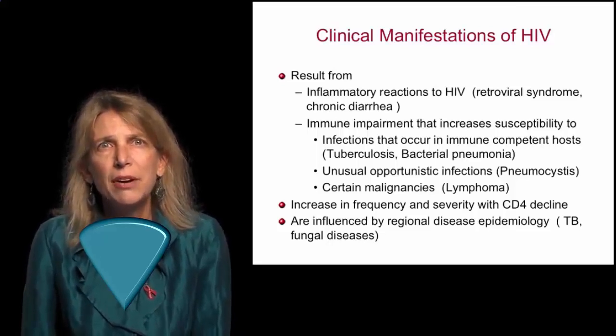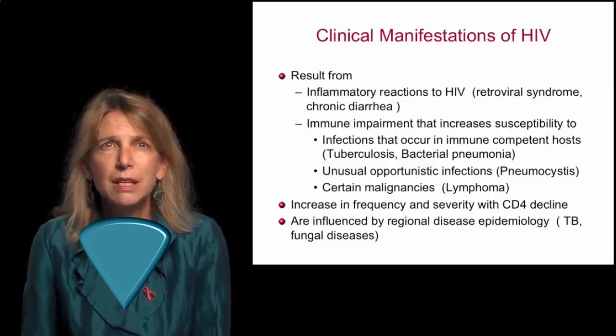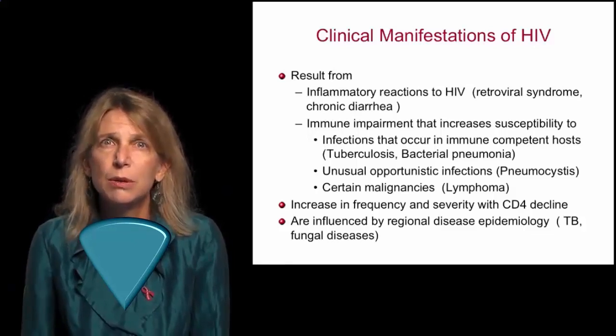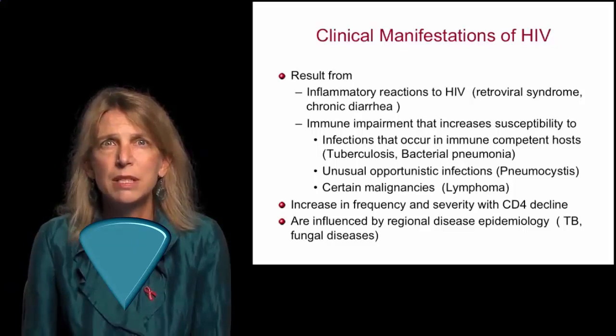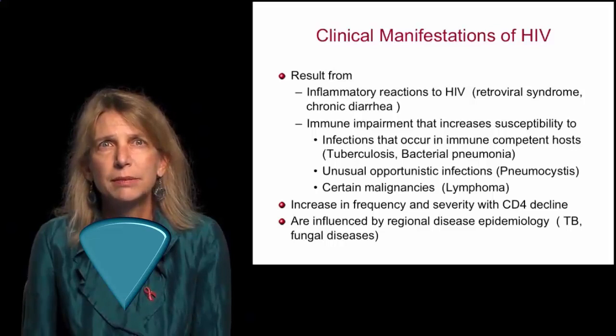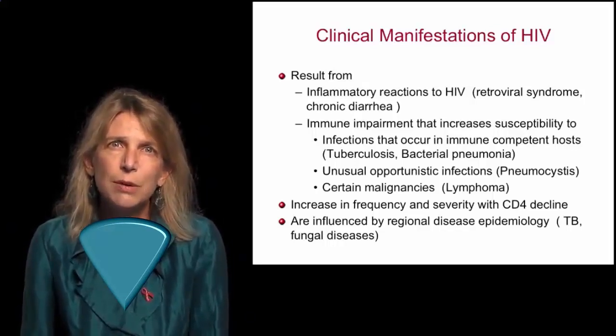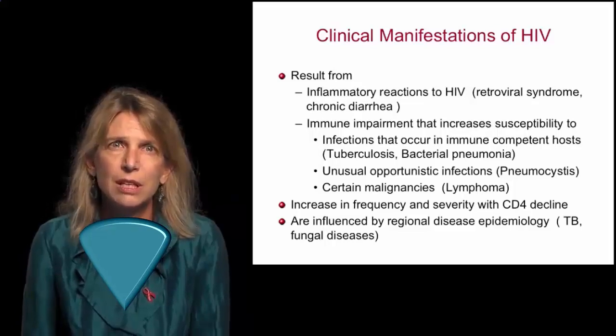The most apparent and dramatic manifestations of HIV are due to immune impairment that increase susceptibility to infections that occur in immune-competent hosts, such as tuberculosis and bacterial pneumonia, to unusual opportunistic infections such as pneumocystis, and to certain malignancies such as lymphoma. The clinical manifestations of HIV increase in frequency and severity with CD4 decline.